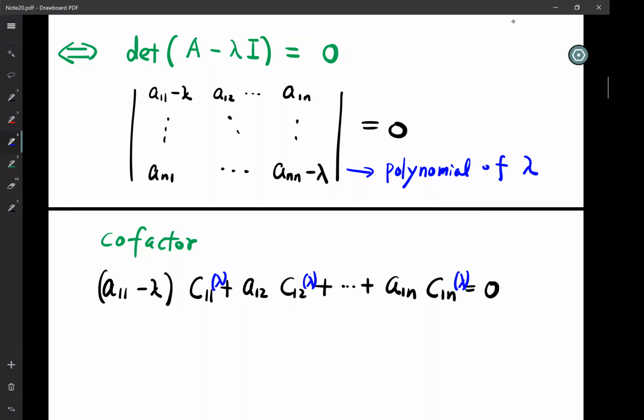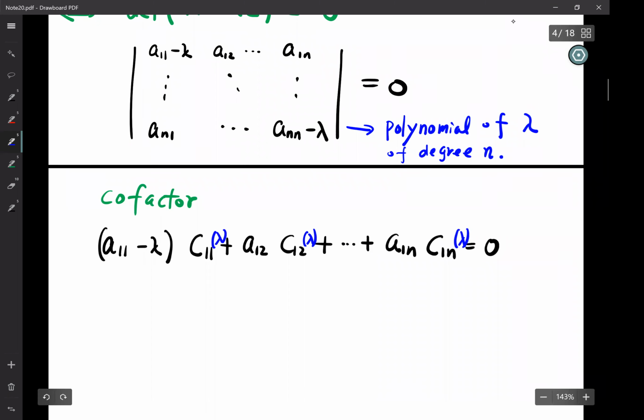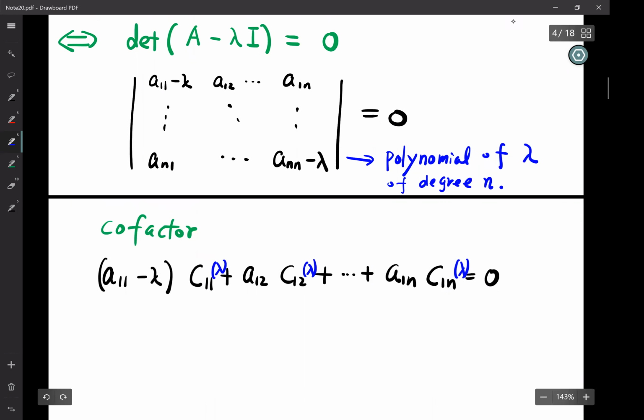And it's not only an arbitrary polynomial, but a polynomial of lambda of degree n. Why is this so? Look at the cofactor expansion.